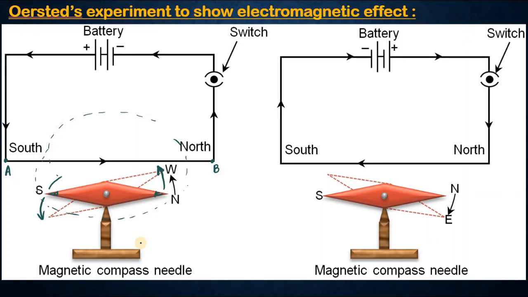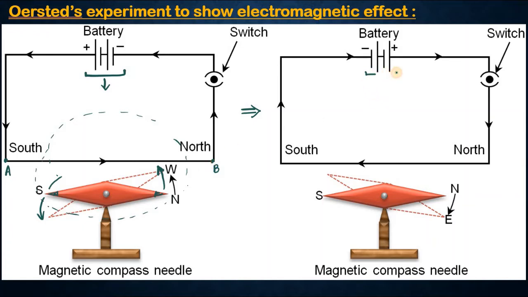Now, in this experiment, Oersted brought a major change. He made one change and repeated the experiment. What he did was change the polarity of the battery. Observe the battery connection here. In the first figure, the positive terminal is towards the south pole and the negative terminal is towards the north pole.